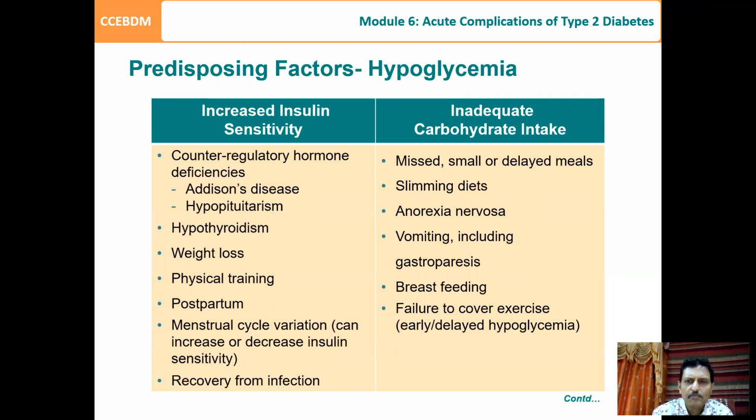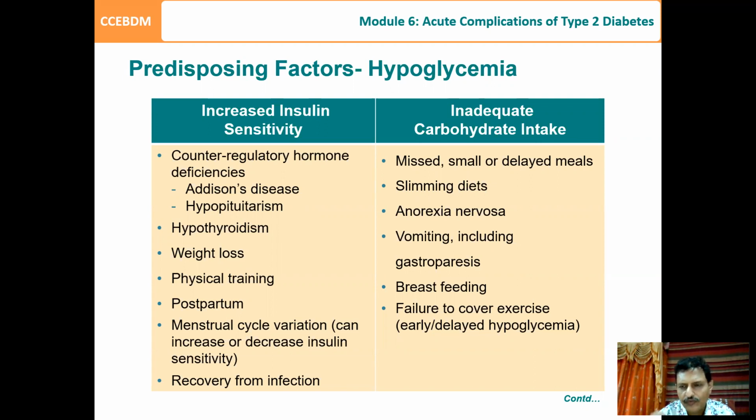Now the patient may have missed a meal and started some slimming diet, or be suffering from anorexia nervosa, vomiting, or breastfeeding, or you may fail to cover the exercise, for which we always ask our patient to check blood glucose before starting the exercise. Or sometimes the patient wants to start a new exercise regime. In that case, we have to adjust the dose of insulin.